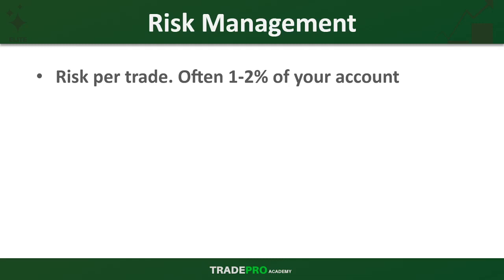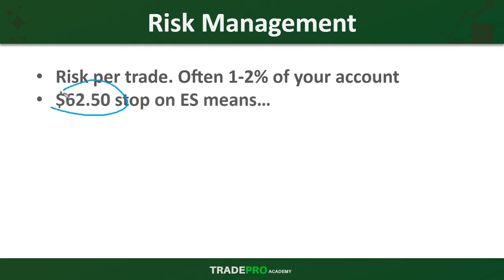So, in terms of risk management, what I like to do is risk maybe 1 to 2% of the account. And on the ES, if I'm using strictly the ES here as an example, if I use a 5 tick stop, right? It depends. Sometimes people use a 7 tick stop to a 10 tick stop, but personally, I'll go a 4 to 5 tick stop, which may be a little tight for people.